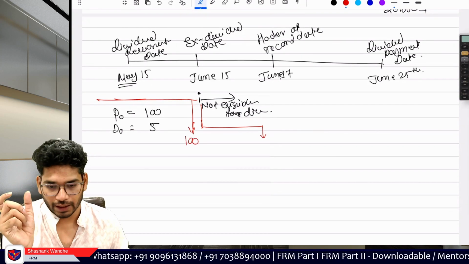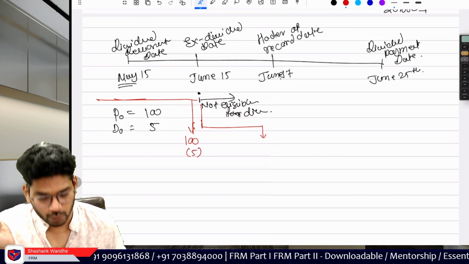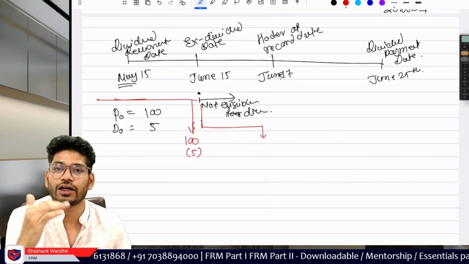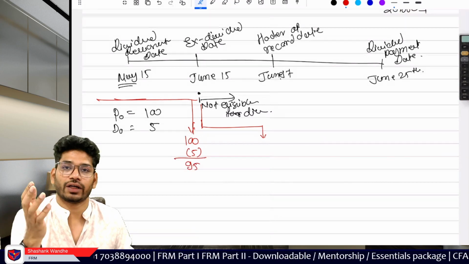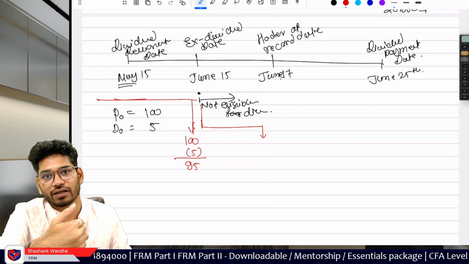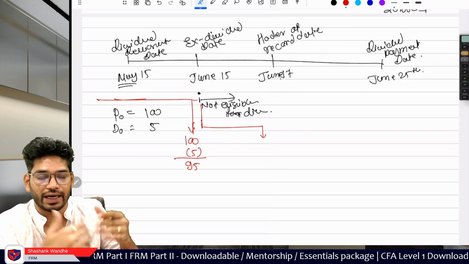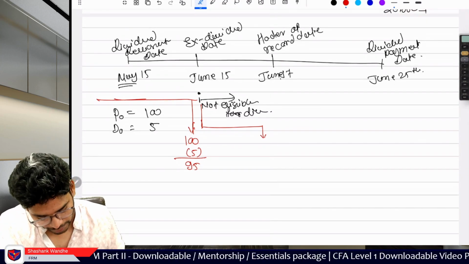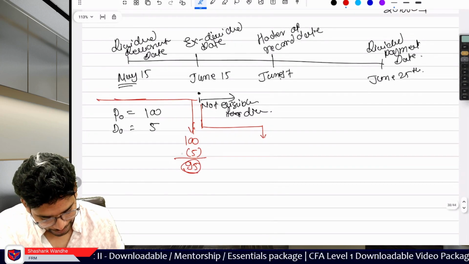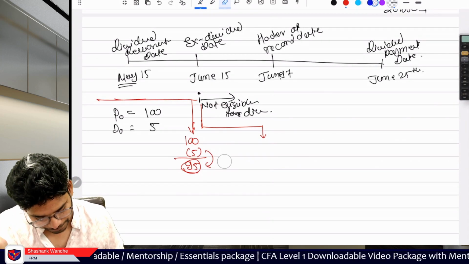But remember, in this 100 you will receive a dividend of 5. So the actual value of the share is 95 only, because you are buying it just one day before the X dividend date. On this day you are still eligible for the dividend. The value is 95 and 5 is the value of the dividend in the form of cash.